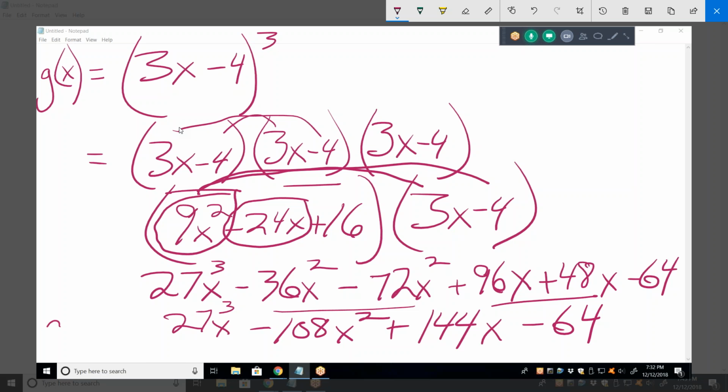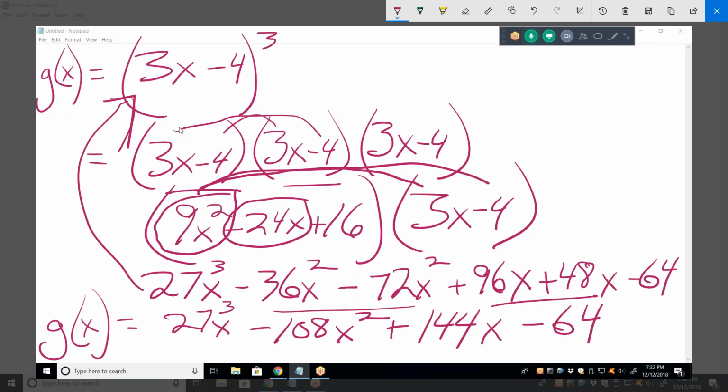And okay, I don't see anything else we could do with that. It'd be a tough problem. If they gave you the polynomial and they said factor it, getting back to that would not be easy.